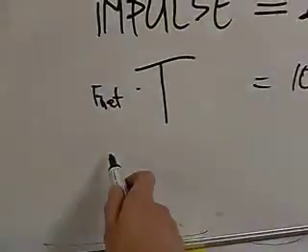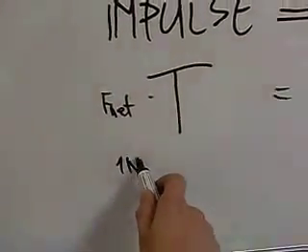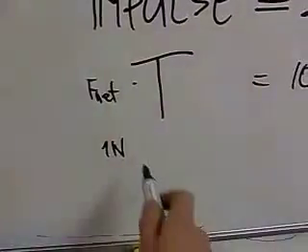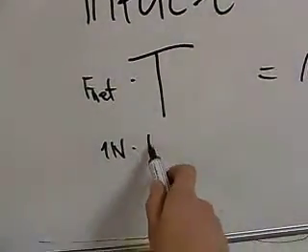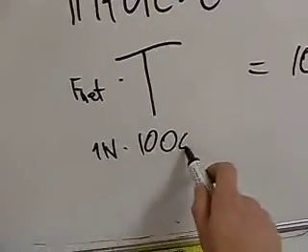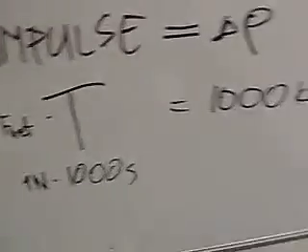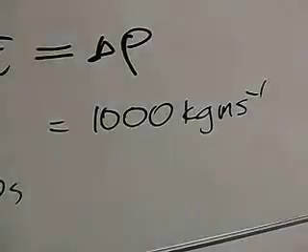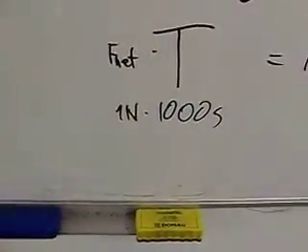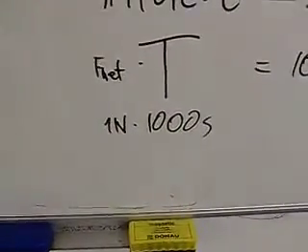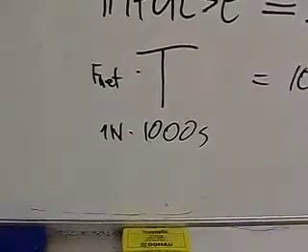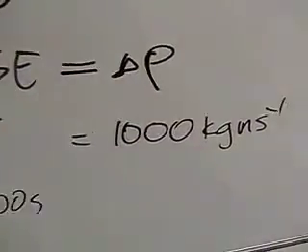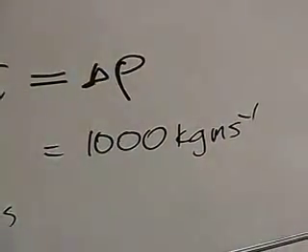So I could have the net force equal to 1 Newton, but if the net force is pushing for 1,000 seconds, it will produce the change of momentum of 1,000 kilograms meters per second. So if a force of 1 Newton is acting on 1 kilogram of mass for 1,000 seconds, it will produce this huge change in momentum.